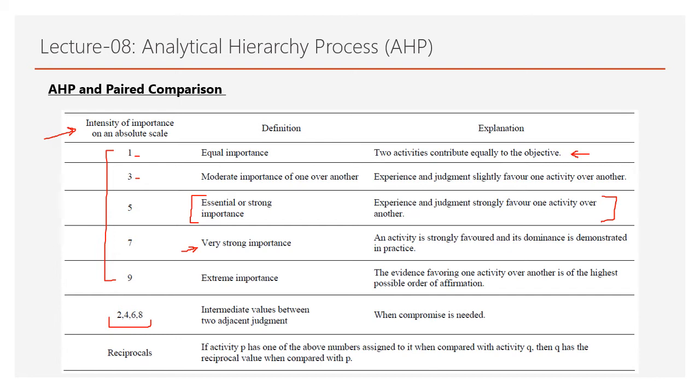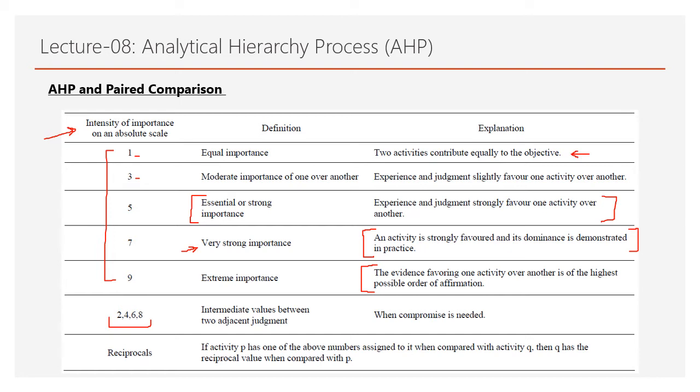In the case of 7, there is more dominance demonstrated in practice, or the strongly favored situation is backed by proof or actual practice experience. And in the case of 9, the evidence favoring one activity over another is of the highest possible order of affirmation. So we are highly sure that this criterion is more important than the other.